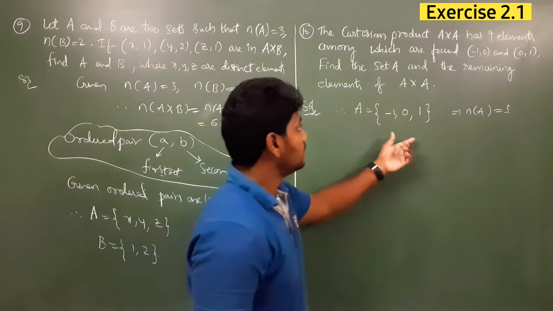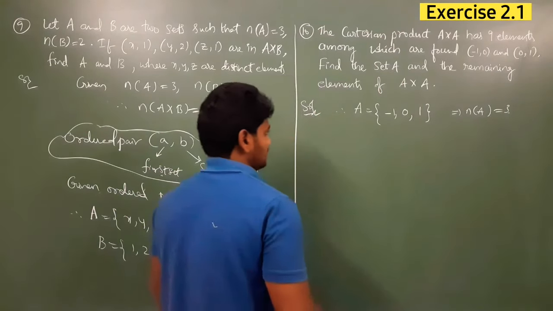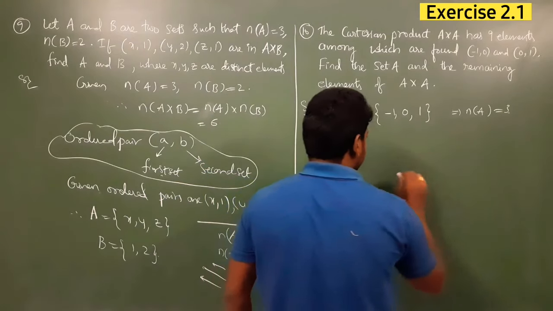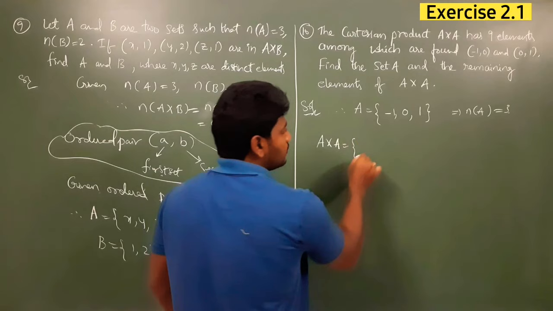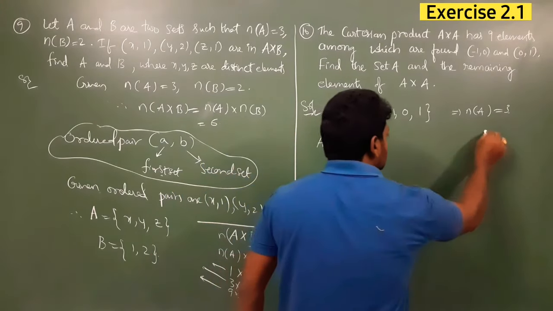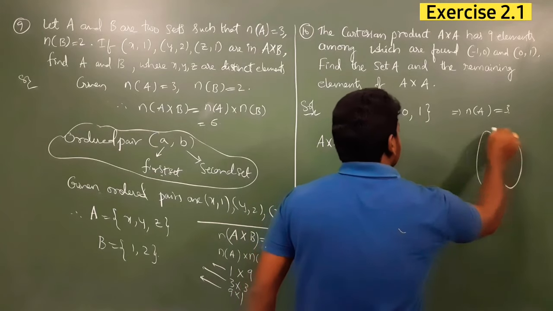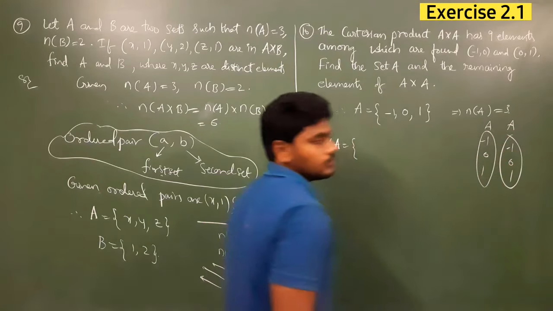Now this is A. Now what may be the remaining elements? Just tell me, what is A × A? First of all, A × A. This is A, and again we do the Cartesian product with A: -1, 0, 1 and -1, 0, 1.